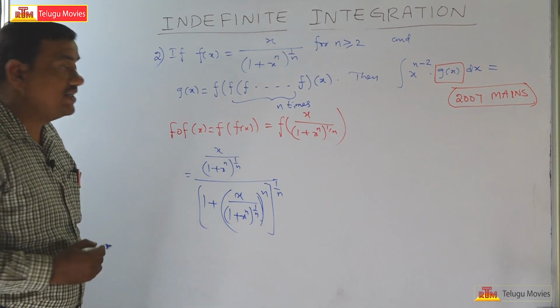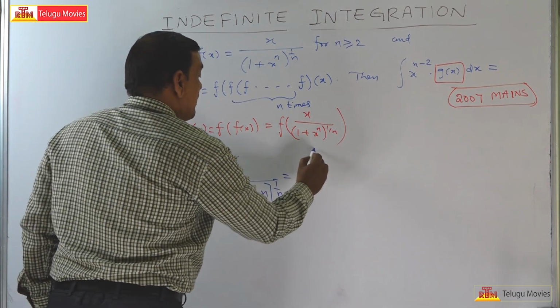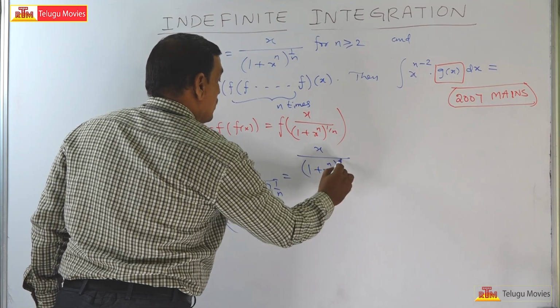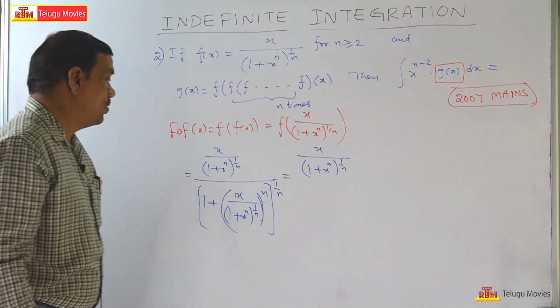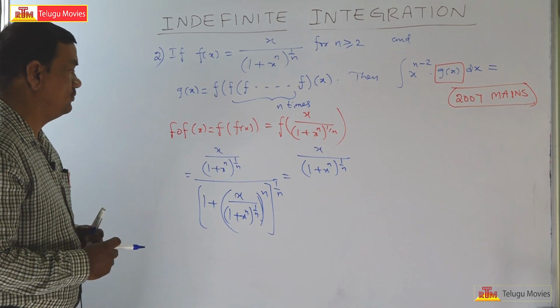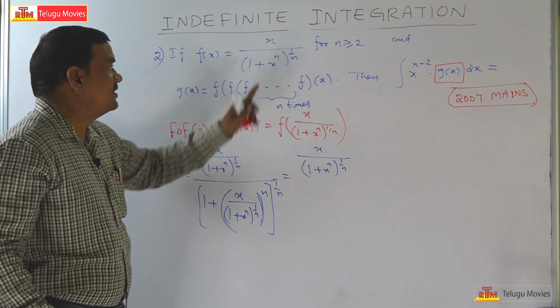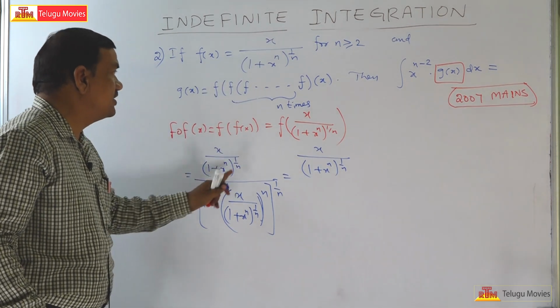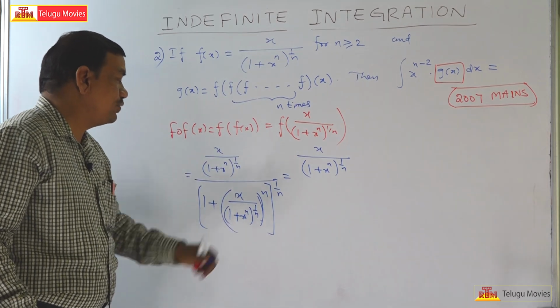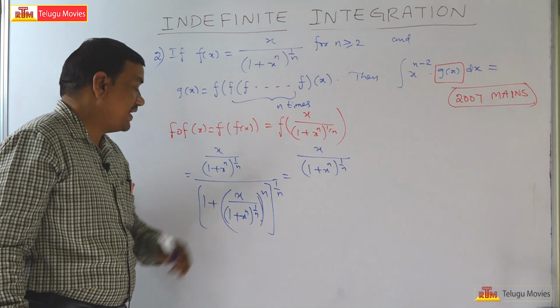Now let us see here. This step as it is, I will write down: numerator x power n whole power 1 by n. In place of x I substitute, this is 1 plus, in place of x again I substituted. See here, whole power n is there now.